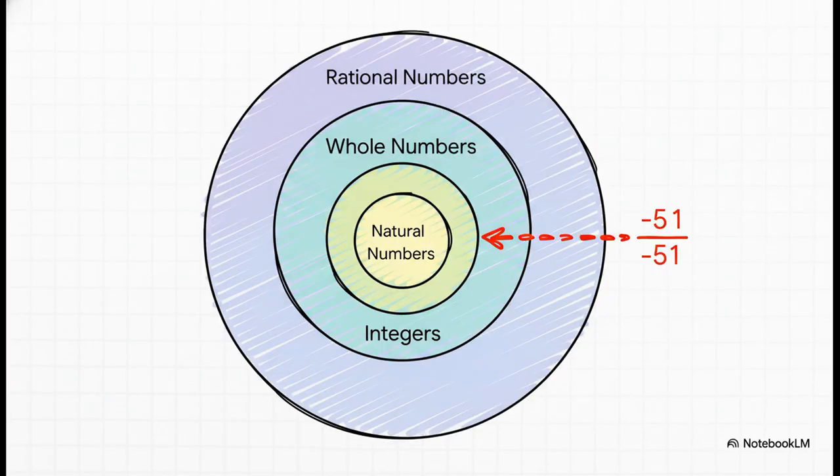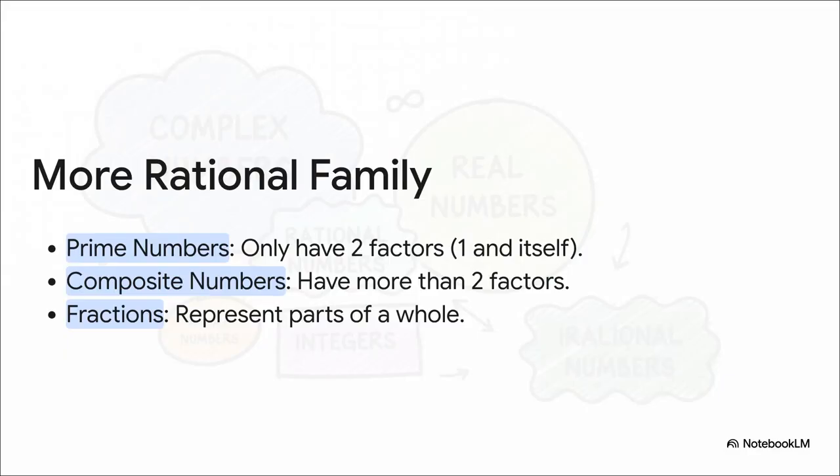And here is how it all connects so neatly. Every single one of those groups, the integers, the wholes, and the naturals, they're all just specific types of rational numbers. Why? Well, because any integer, let's say -5, can be written as a fraction. It's just -5/1. See? It all fits together perfectly. And the rational family has even more little subdivisions.